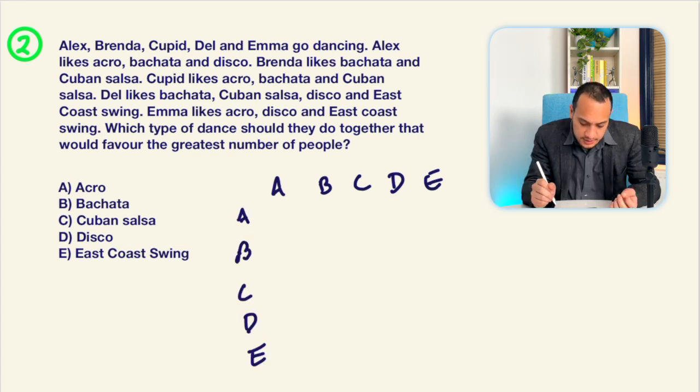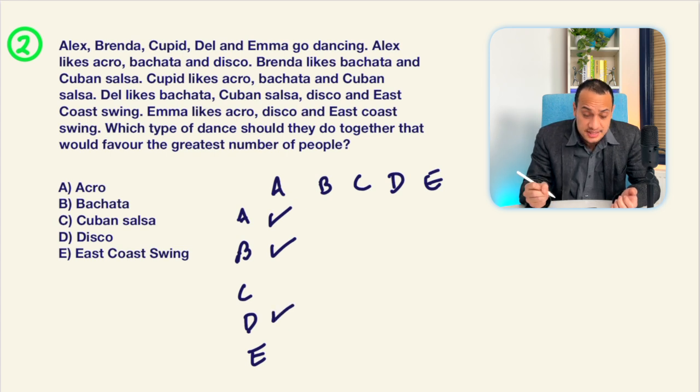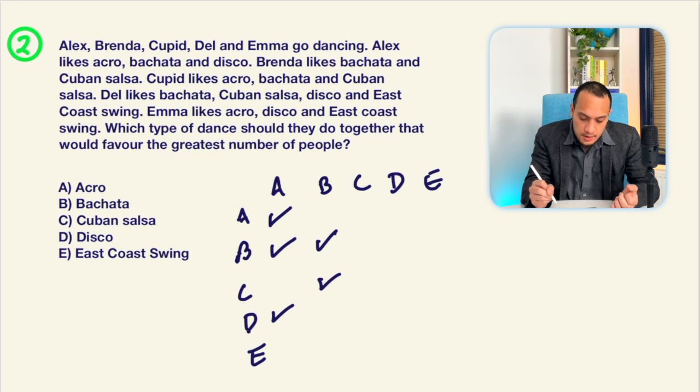What we're going to do is we're going to go through each statement again. So Alex likes acro, bachata and disco. So I'm just going to put some ticks there. Brenda likes bachata and Cuban salsa. So I'm going to put 2 ticks in there. Cupid likes acro, bachata and Cuban salsa.